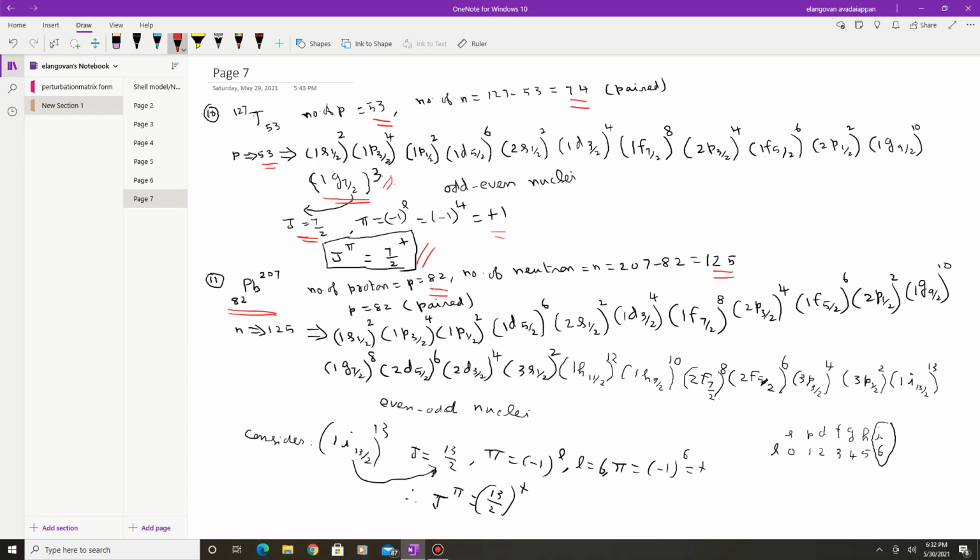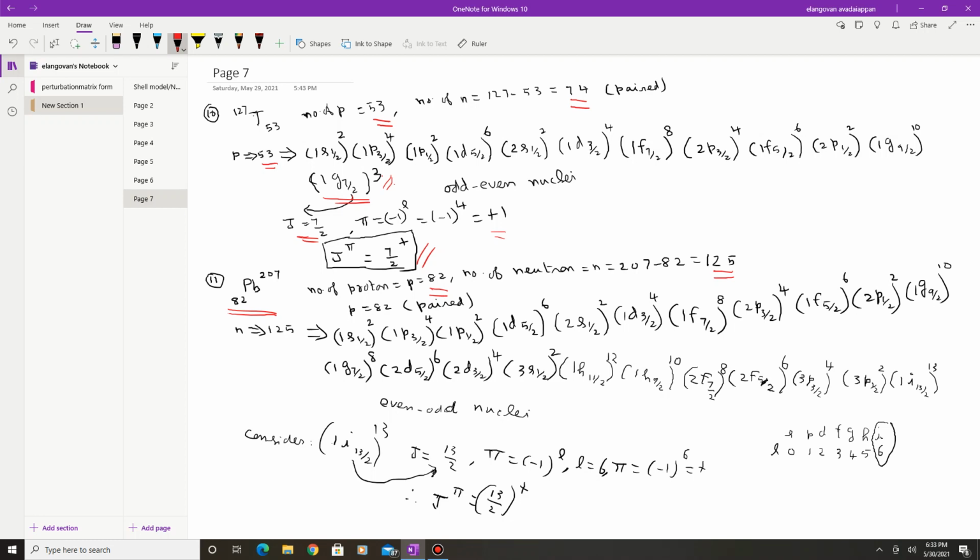So this is an odd number and this is an even number. You write down the level sequence for the odd number, it is enough for the calculation of the parity. Even if you write down the level sequence for the even proton number, the last level is filled with an even number, which is a paired level. So that is not important. So write down the level sequence for the neutron alone.